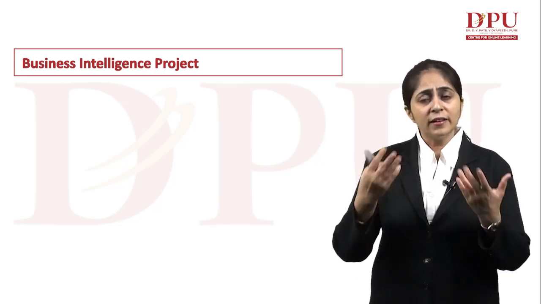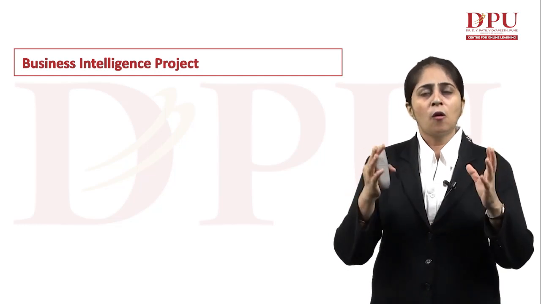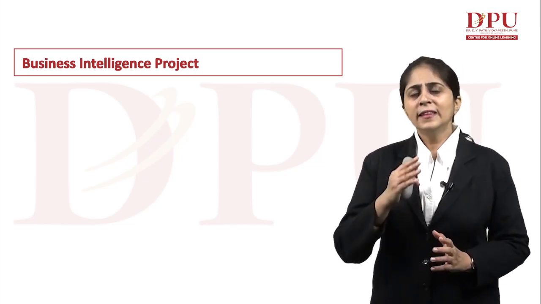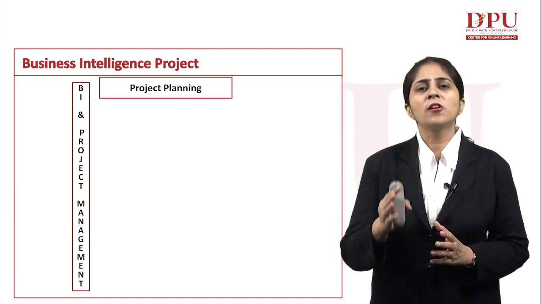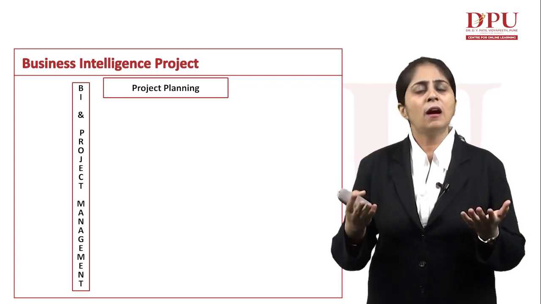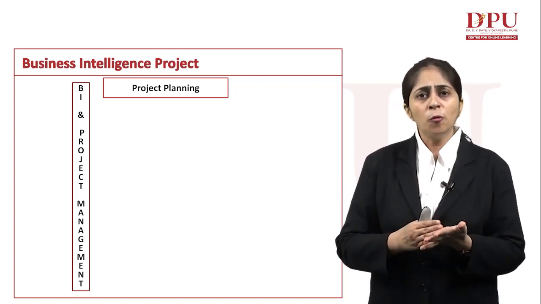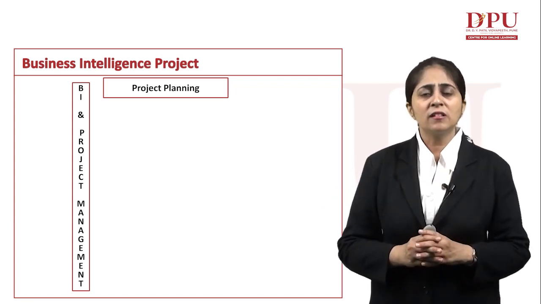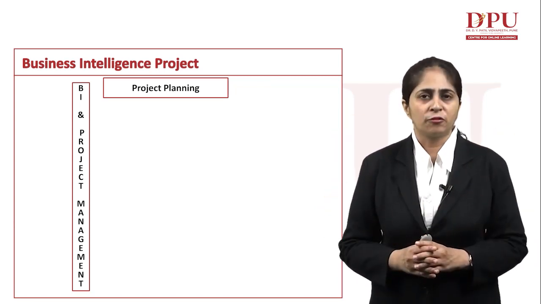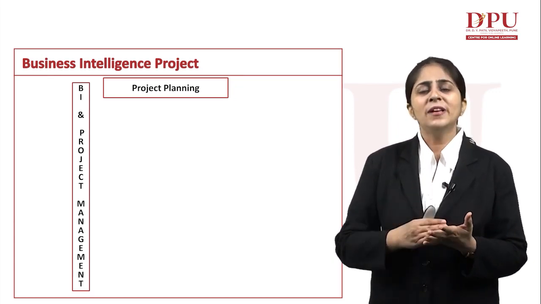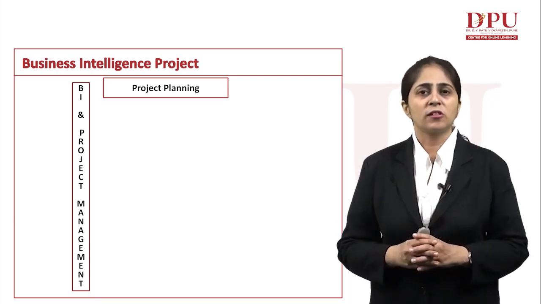So let us understand step by step what all things are required to build a business intelligence project. First of all, the very first step is project planning. Whenever we decide to build a project, the first and foremost thing we require before starting is to make a whole plan for it. We should understand what the objectives of building this project are.